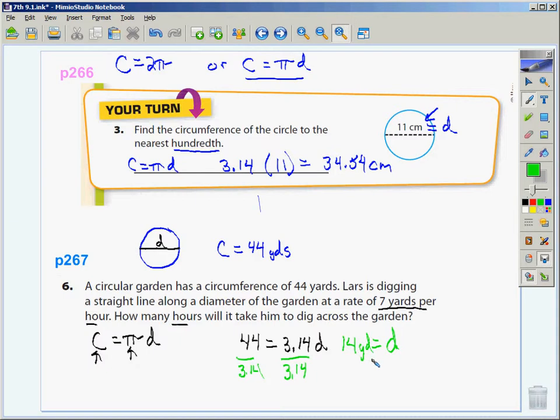It actually came up to 14.01, but it's 14 yards. If he's digging at a rate of 7 yards per hour, how many hours is it going to take him to get there? 2 hours. I take 14 and divide it by the yards per hour, and it's going to take him 2 hours to get to the other side of the garden.